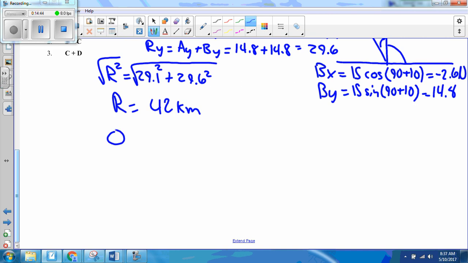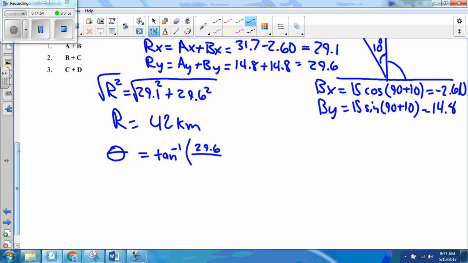To get theta out of it, all we have to do is do tan inverse ry divided by rx, which is 29.6 over 29.1. So you trig tan inverse 29.6 over 29.1.